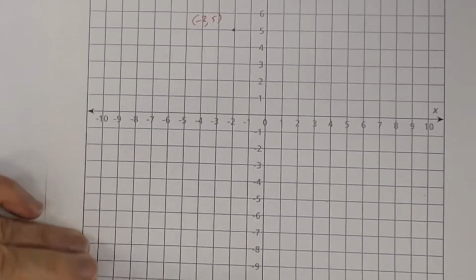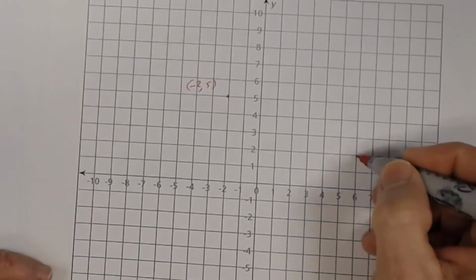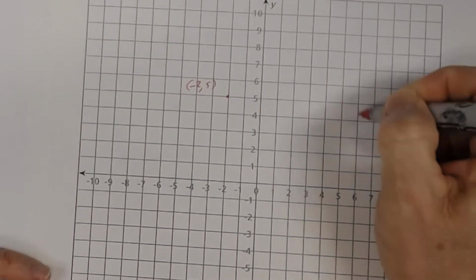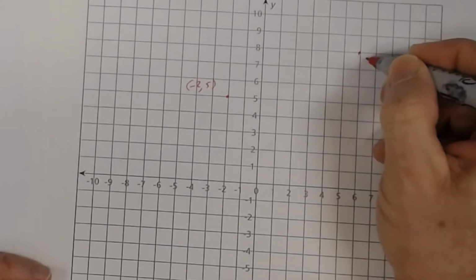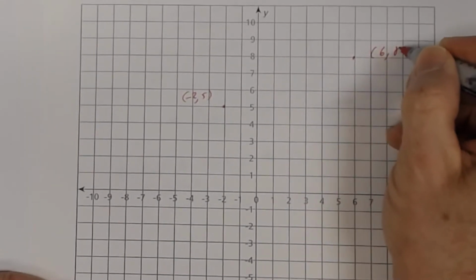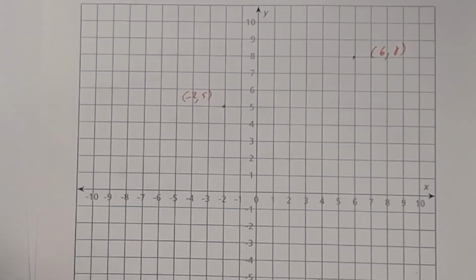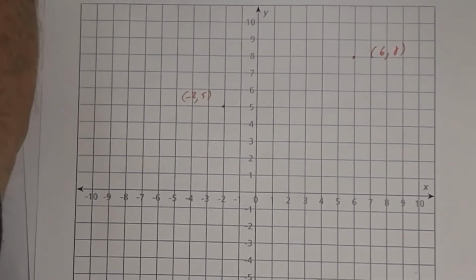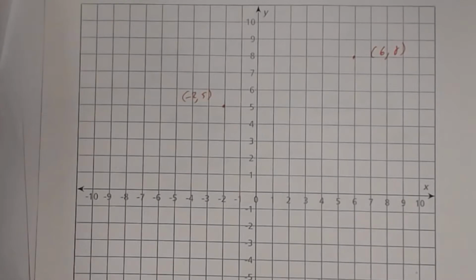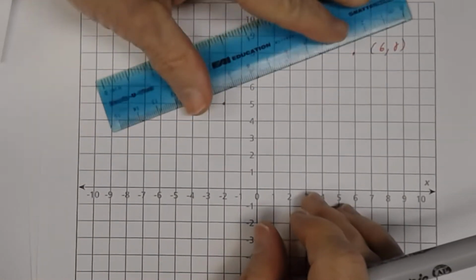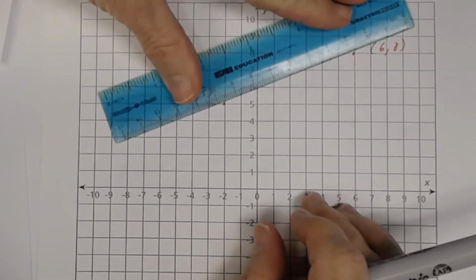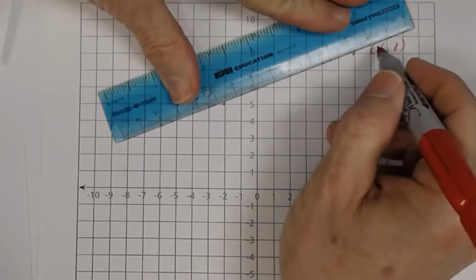And the point 6, 8 is right here, and I'll label it 6, 8, and graph this. I want to show you what we're looking at. So we have this line that I'm trying to find the slope of.